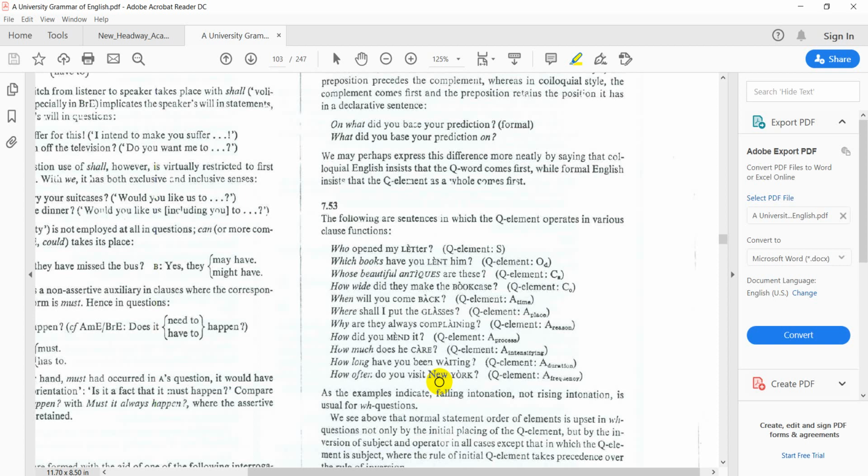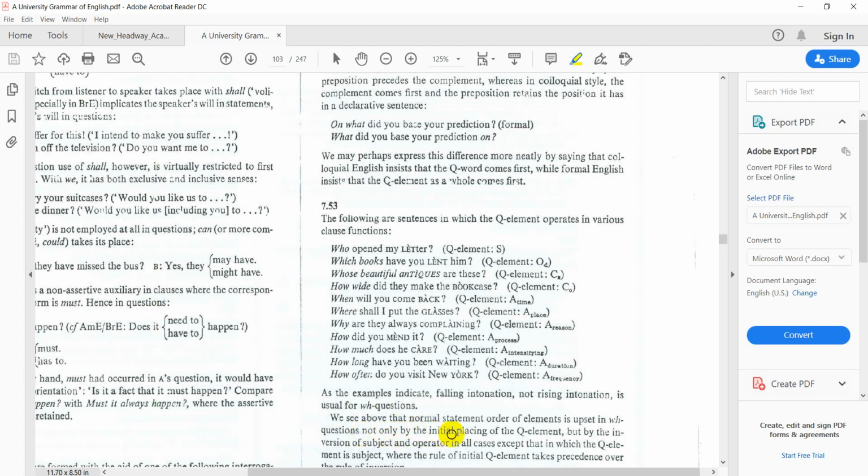So with yes, no question, at the end of the question, before putting the question mark, we usually rise our tone, while with WH question, we normally use falling tone. So as you see here in this vowel, it is falling tone. So as the examples indicate, falling intonation is usual for WH questions.